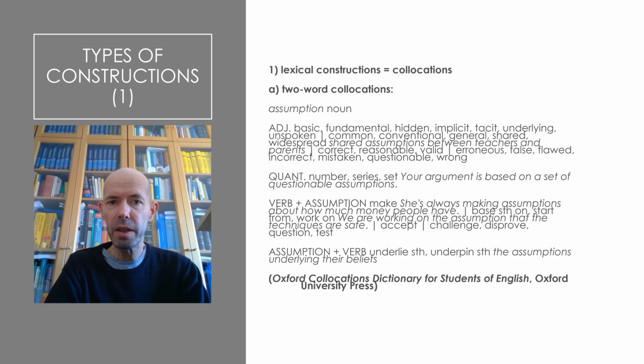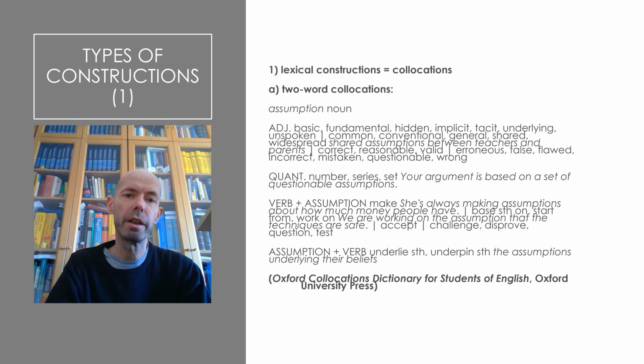And the basic type here, of course, is the two-word collocation. Let's take the common academic noun assumption as an example. Assumption combines with adjectives like basic, fundamental, hidden. So a typical collocation of a noun is with an adjective, that's obvious.